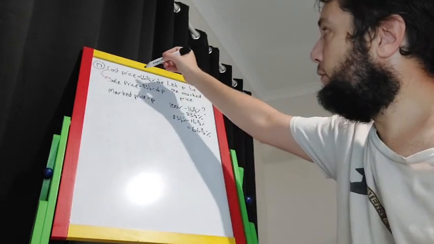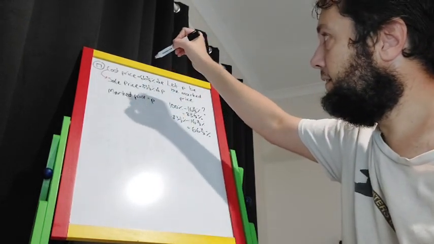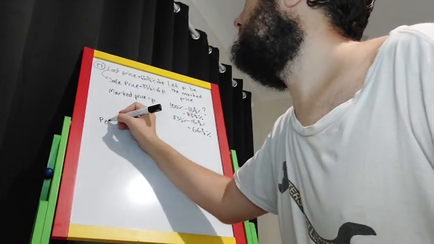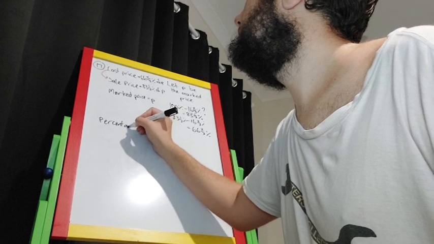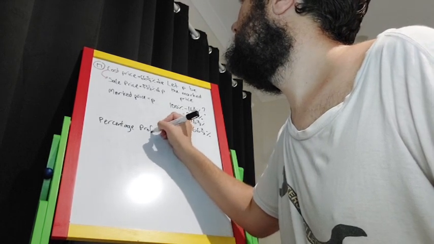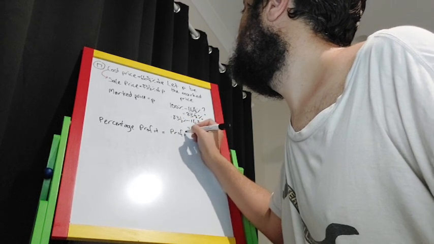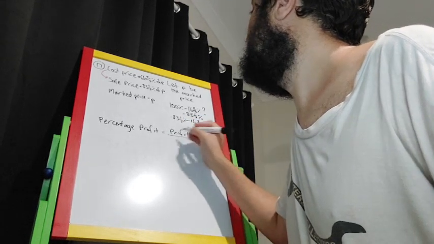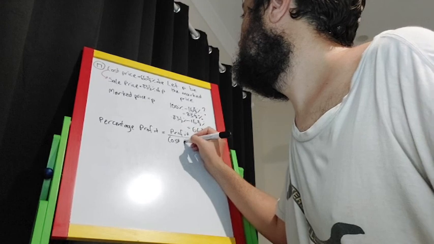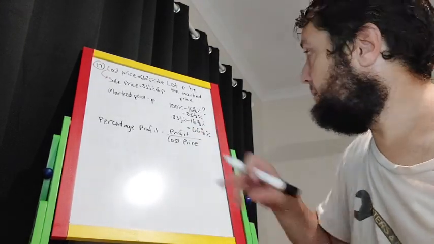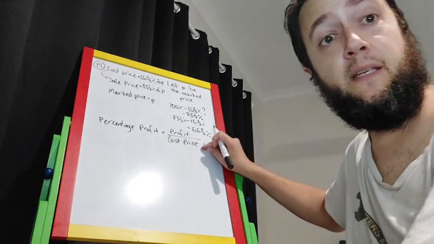What percentage of profit does it constitute in selling it for this relative to this? So I'm going to write that theoretically. Percentage profit is your profit divided by your cost price.